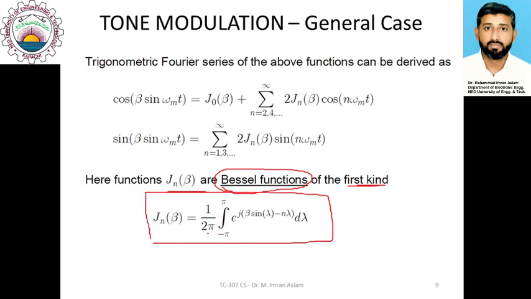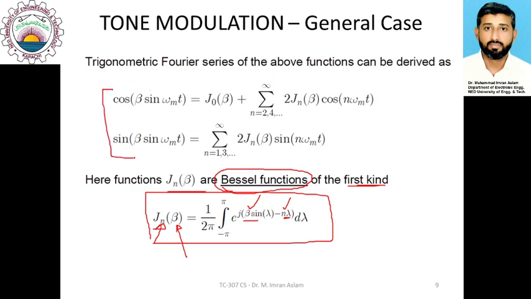This is the definition of the Bessel function, represented by this integral from minus pi to plus pi, 1 upon 2 pi, of e raised to j(beta sin alpha minus n alpha). You can see that there are two arguments here, n and beta. This n is called the order of the function and beta is the argument of the function.